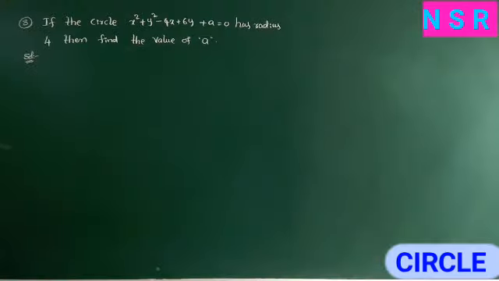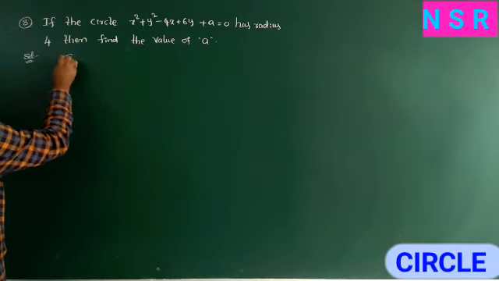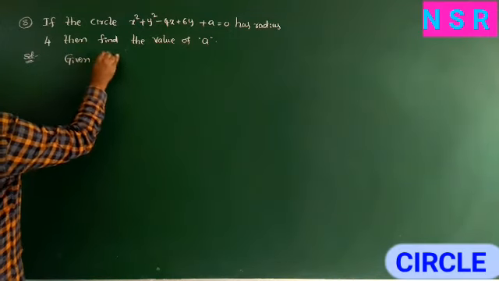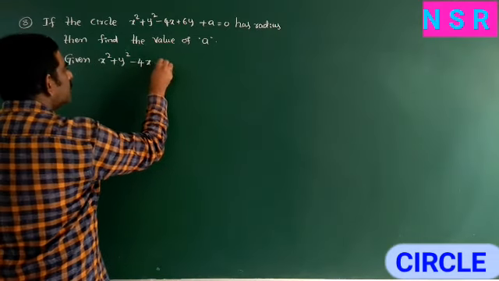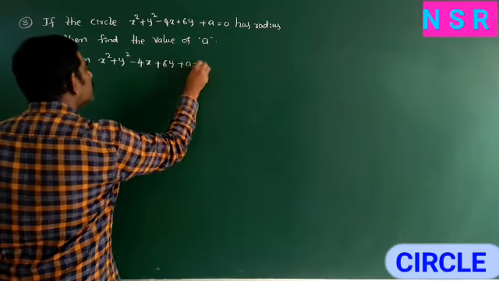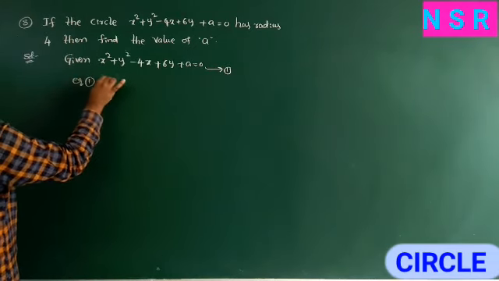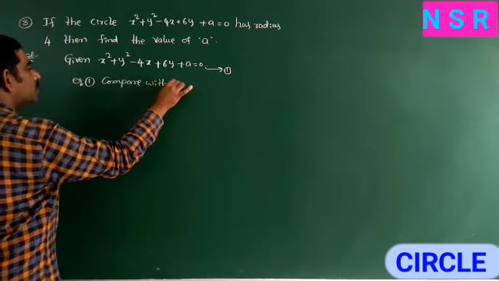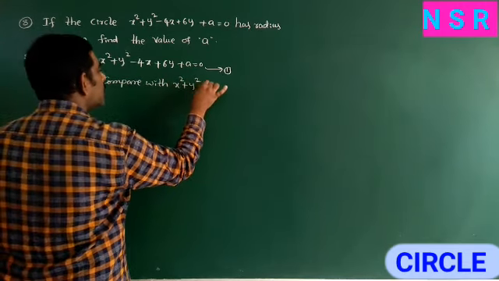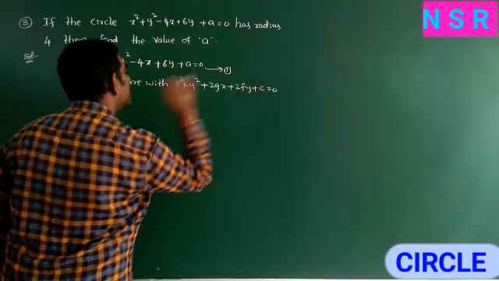So next, question number 8. Here the circle equation and radius value are given; find the small a value. Given x square plus y square minus 4x plus 6y plus a equal to 0. Take it as equation number 1. Equation 1 compare with x square plus y square plus 2gx plus 2fy plus c equal to 0.